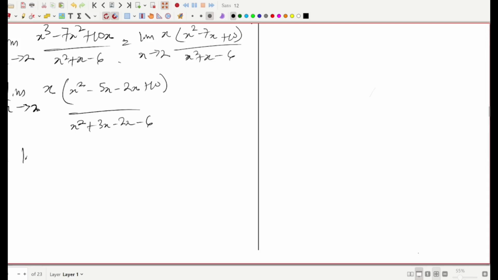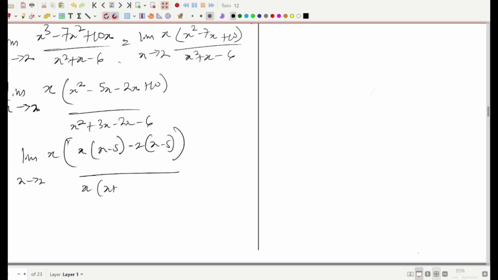So limit as x approaches 2 of x multiplying, here we are simplifying, factorizing x out, we end up with x minus 5. Here factorize the negative 2 out to end up with x minus 5. Here factorize x out, end up with x plus 3. Factorize negative 2 out to end up with x plus 3.